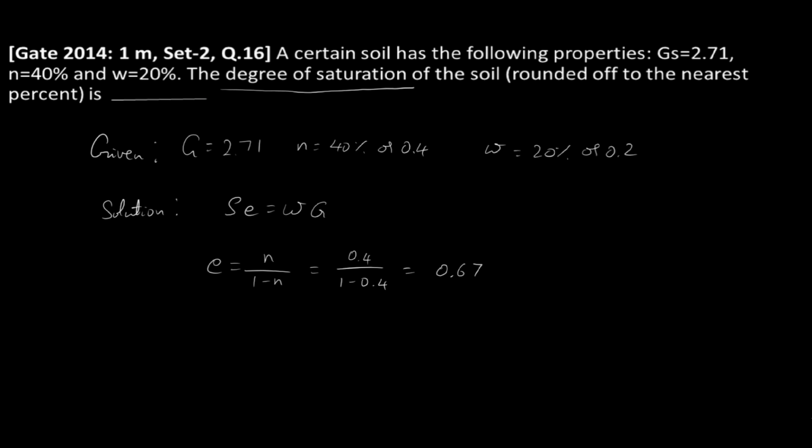So from this we can easily calculate S. S will be equal to wG by e, which is equal to 0.2 into 2.71 divided by 0.67, which is 0.808, or 0.81, will be our degree of saturation.